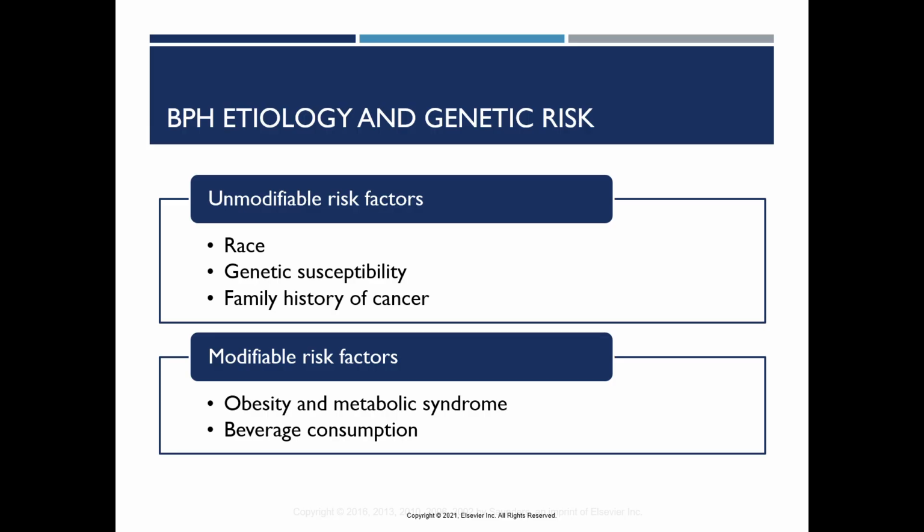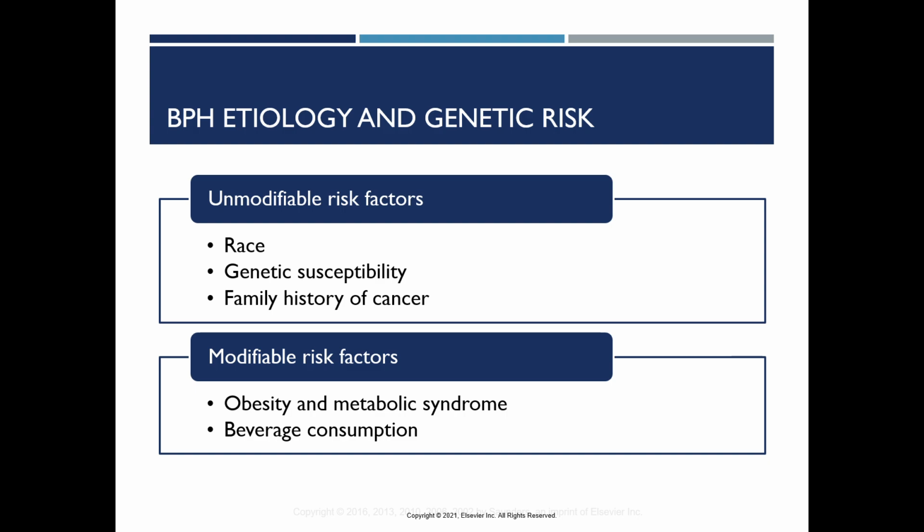So you see the risk factors, both modifiable and non-modifiable. Remember that African Americans under 65 is the most common. Asian men are less likely to need surgery than Black or Caucasian men. Also genetic susceptibility: they have the GATA3 variants or a family history.